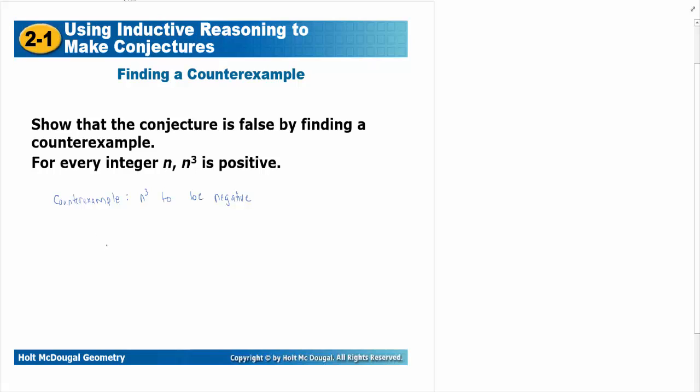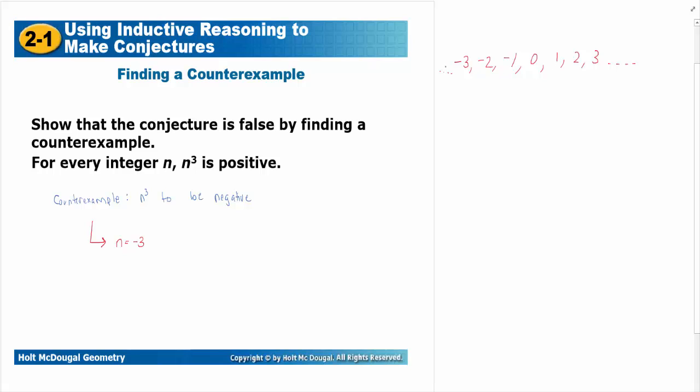So let's go ahead and find it. And again, you can come up with your own number. You can pause this before I write it. I've got it right in my head here. But here's going to be our counterexample in this situation. I'm just going to say n equals -3. Okay, if n is -3, that is an integer. An integer is any number, by the way, like -3, -2, -1, 0, 1, 2, 3, and so on.